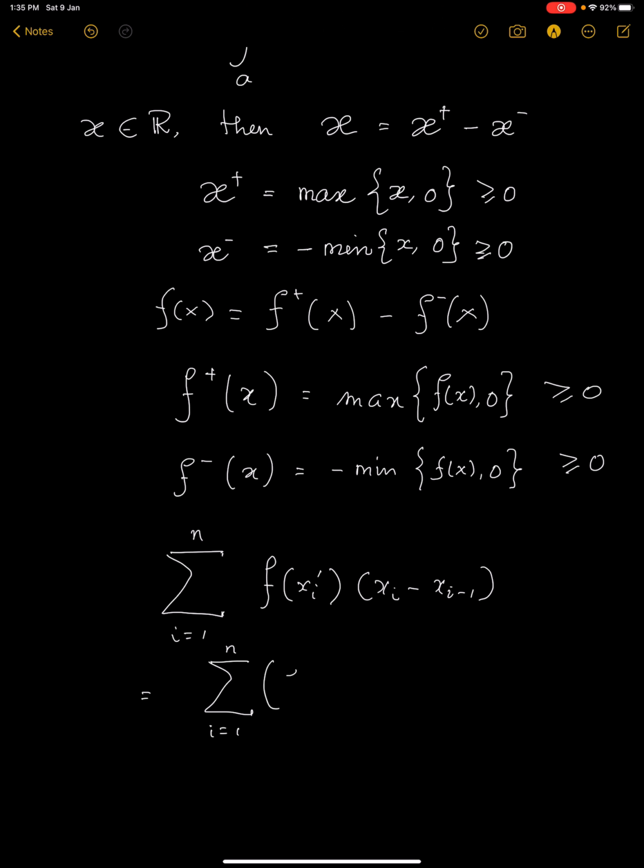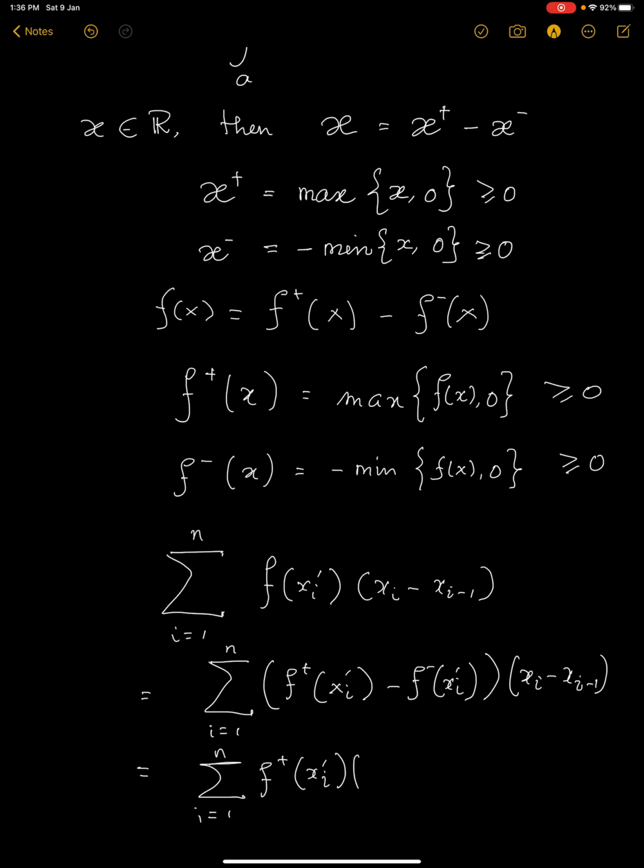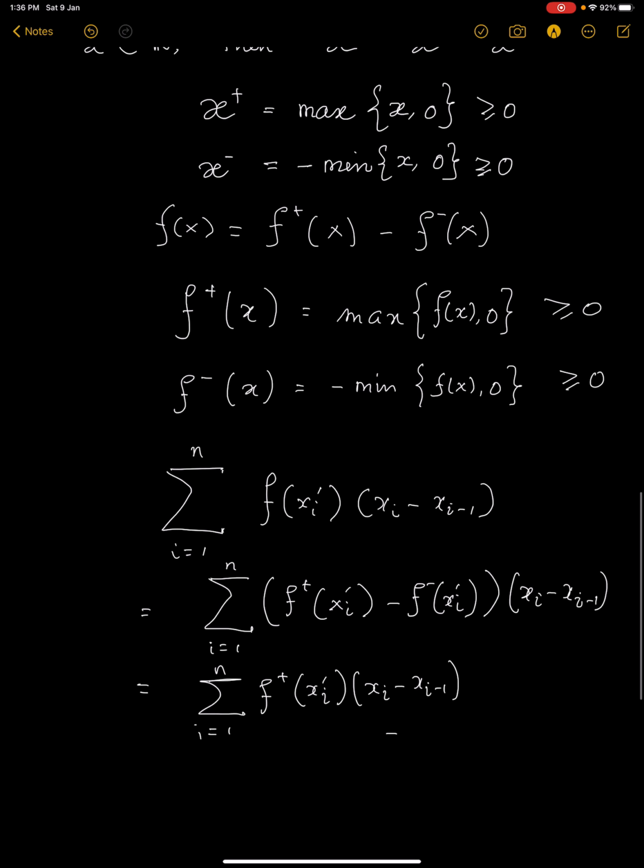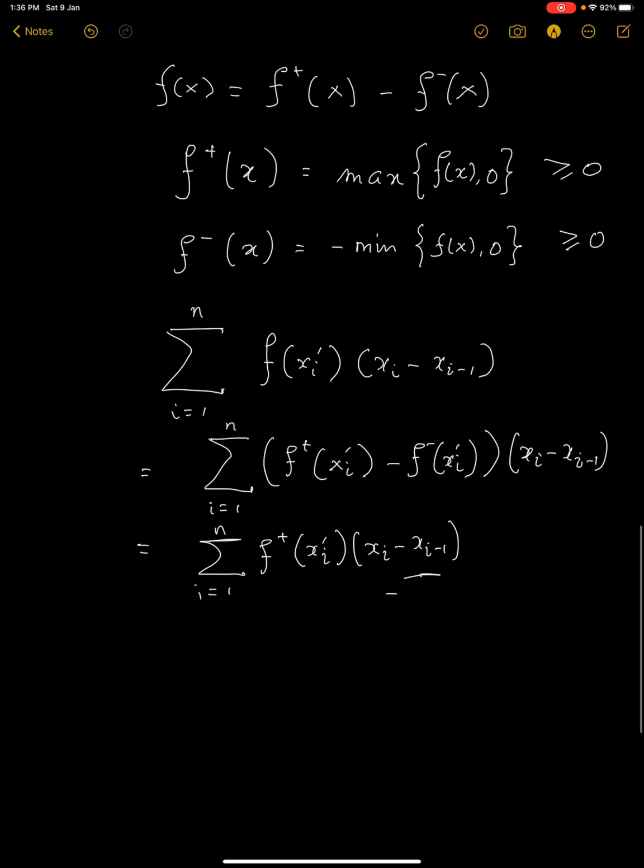So I can write this as f plus of xi dash minus f minus of xi dash into xi minus xi minus 1, and this can again be written as two different sums: the summation of f plus of xi dash into xi minus xi minus 1, minus the summation i equal to 1 to n of f minus of xi dash, and so on.